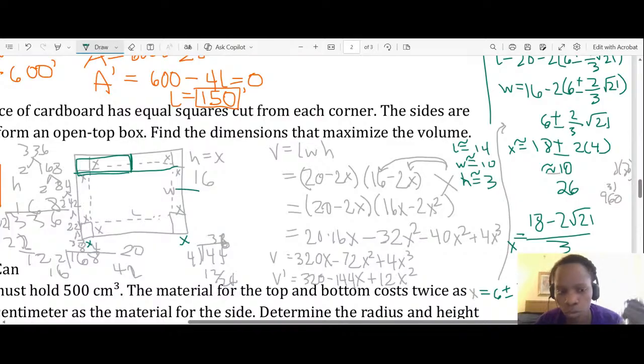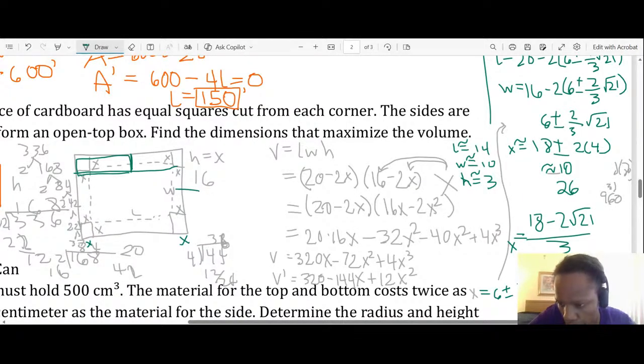All right. So for this one, the length is about 14, W is about 10, and height is about 3.